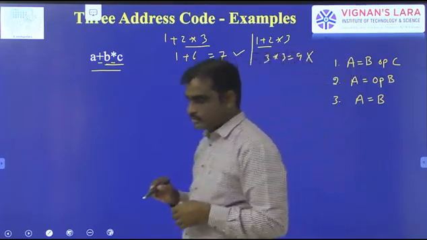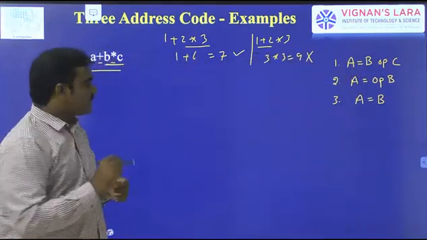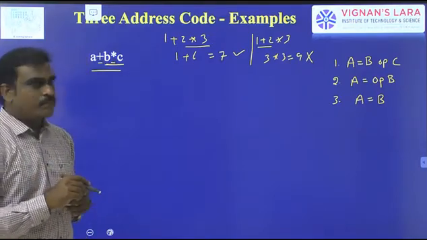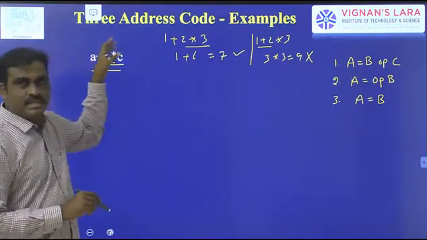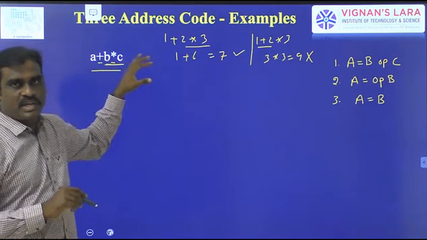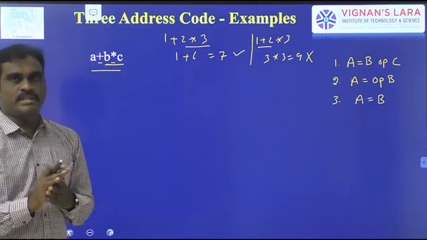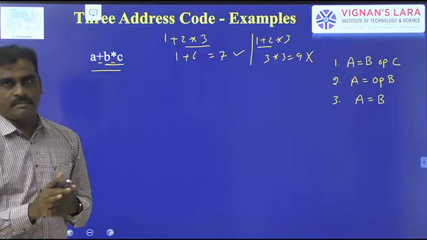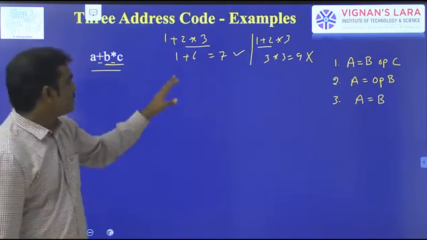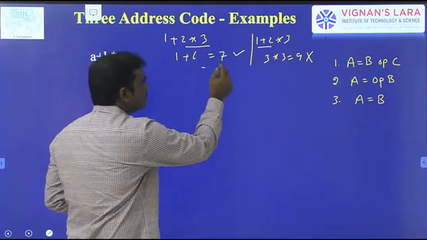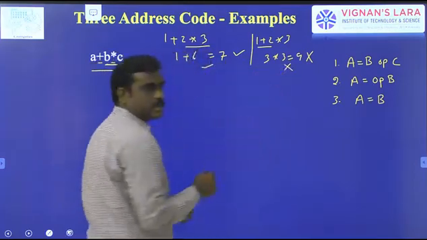invalid. The basic fundamental concept is that whenever we convert any statement or code into three address statements, we mainly concentrate on not changing the actual meaning of the statement or the program. In this case, this is the correct one, and in this case, this is the wrong one.